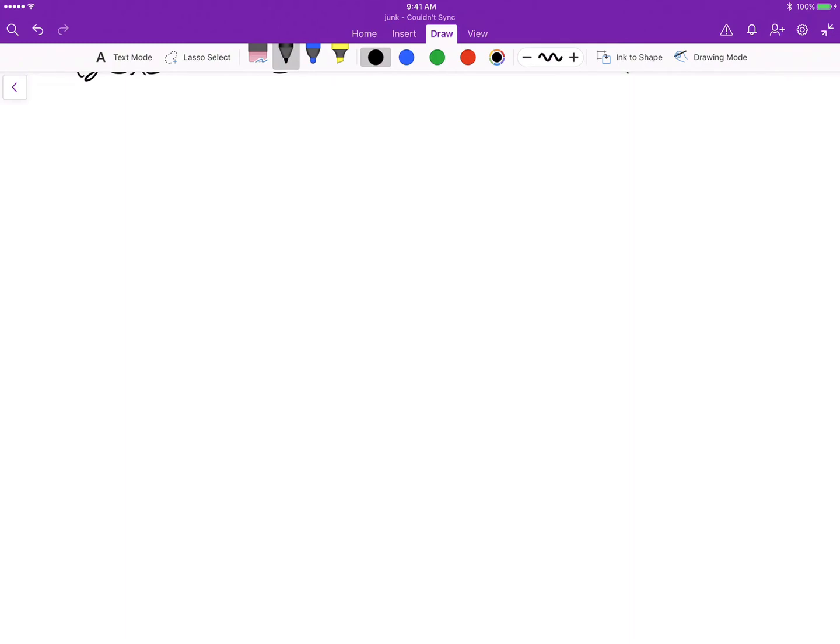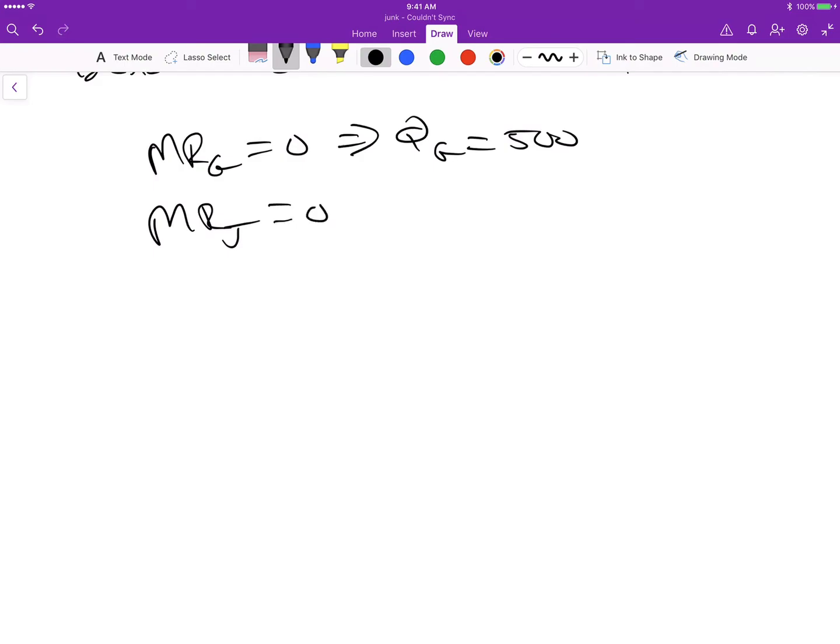Again, remember, previously we found that marginal revenue G equals 0 when QG equals 500. Same thing for Japan. Those are our optimal quantities. Let's now plug those into the inverse demand equations to get our prices.